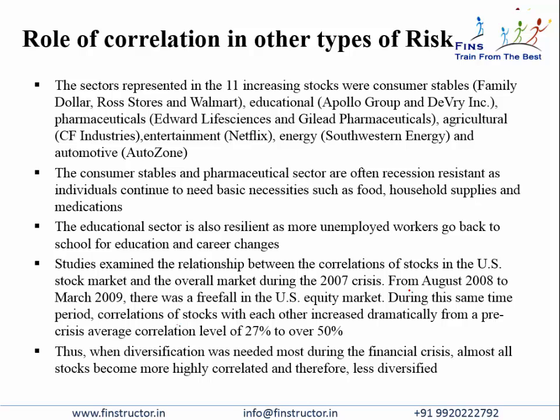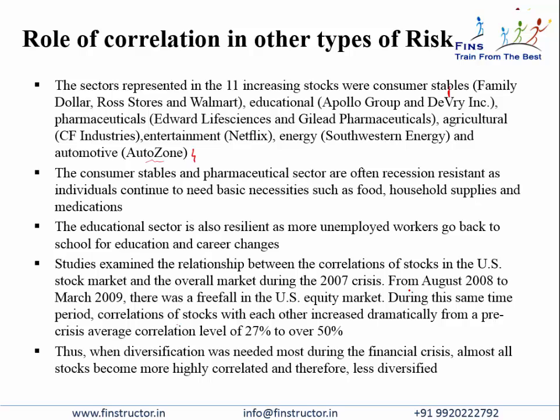The sectors represented in the 11 increasing stocks were consumer staples, that is Family Dollar, Ross Stores, Walmart; educational, pharmaceuticals; agricultural, entertainment, energy, and automotive, basically one automotive stock, which probably did well for its own reasons, perhaps a new technology or something great that this company did.